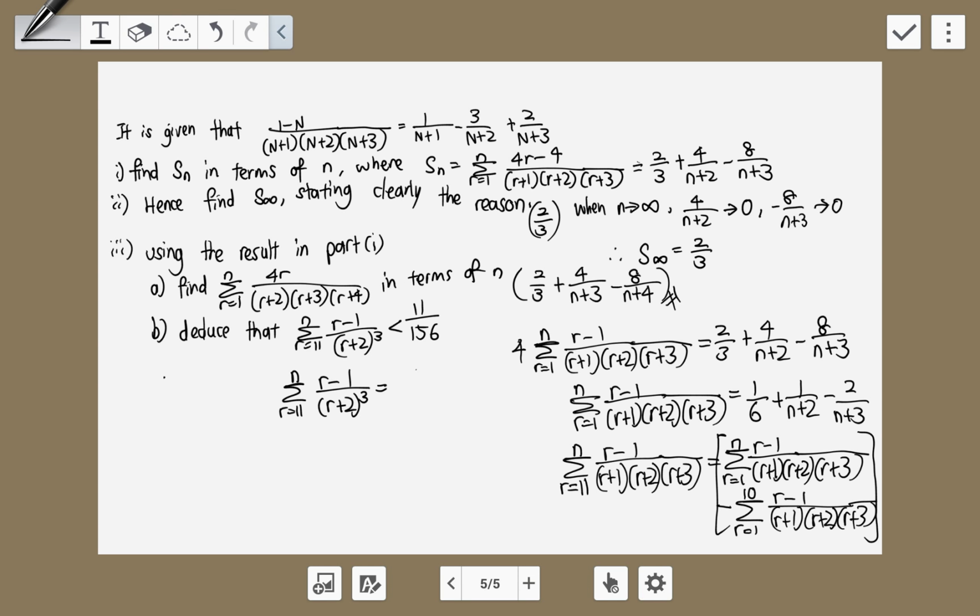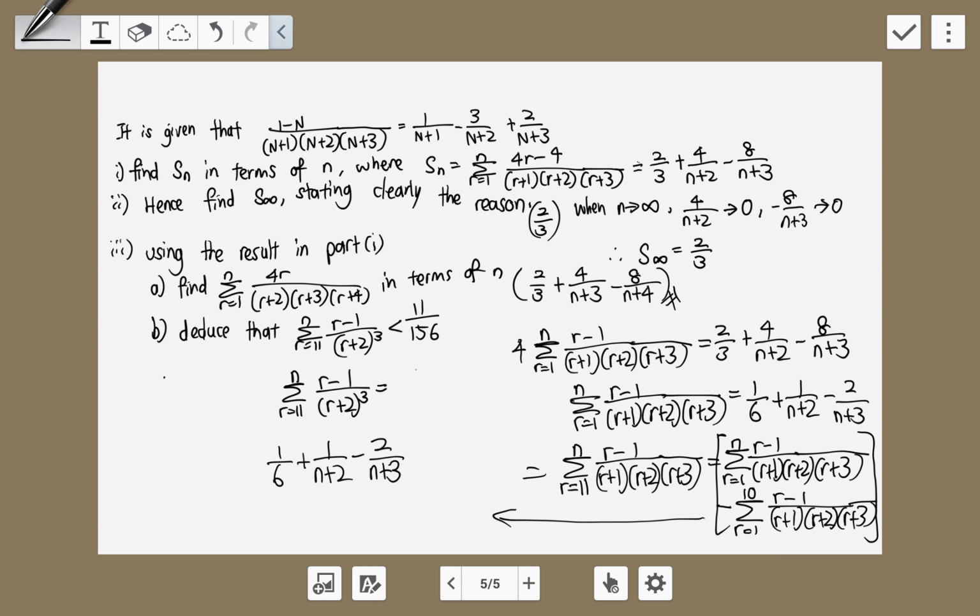So using this, the sum from 1 to n is just this result. So I know that this is equals to 1 over 6 plus 1 over n plus 2 minus 2 over n plus 3 here. I need to minus away the first 10 terms.